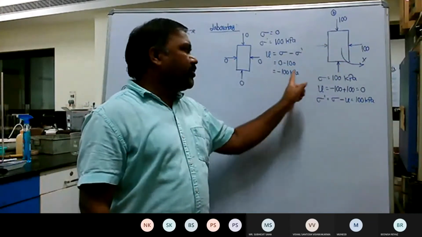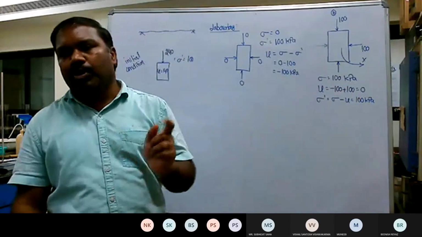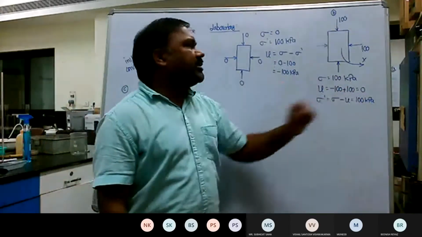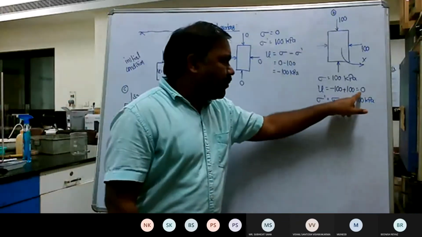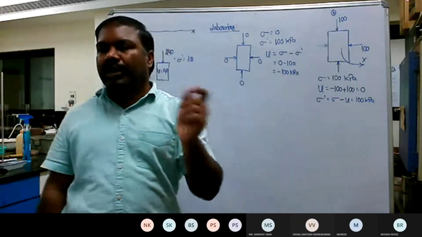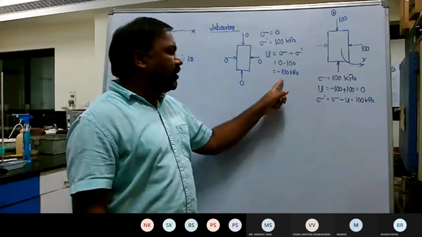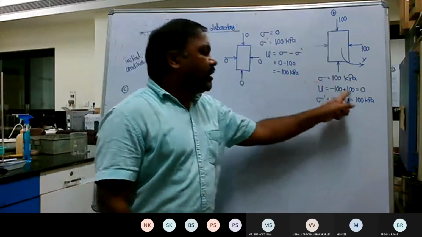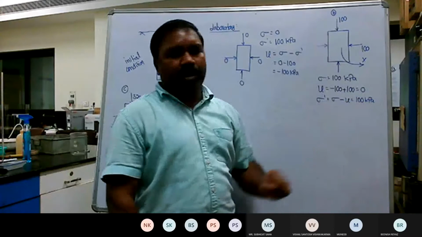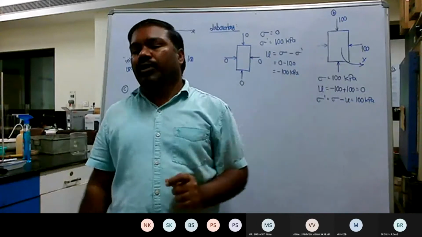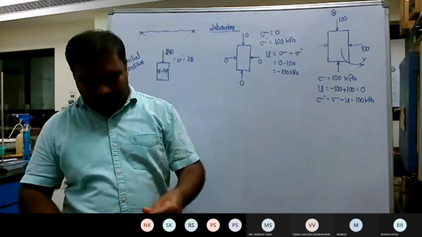So the negative pressure is now moving towards positive. Here fortunately it is 0. Suppose I say 120 kilopascals, then the net pore pressure will be positive 20 kilopascals. Initially it is negative 100 kilopascals, but here it is 0.